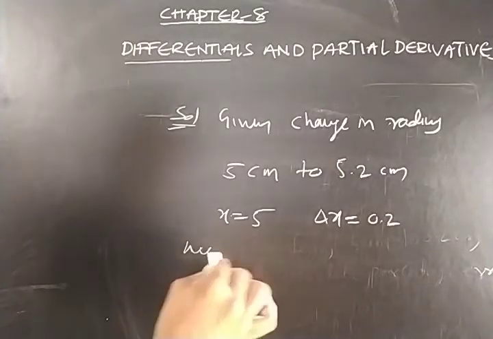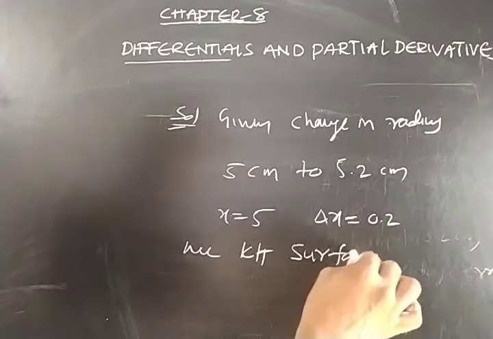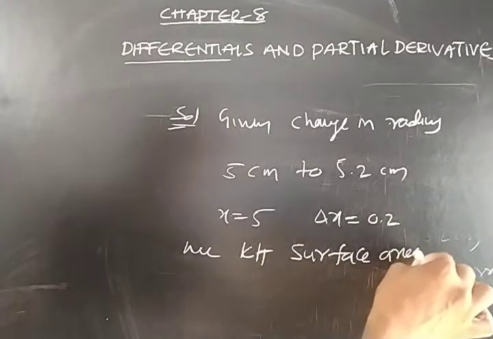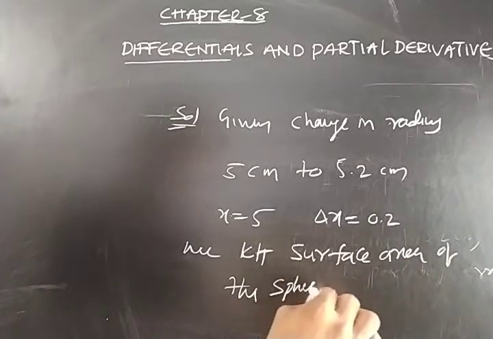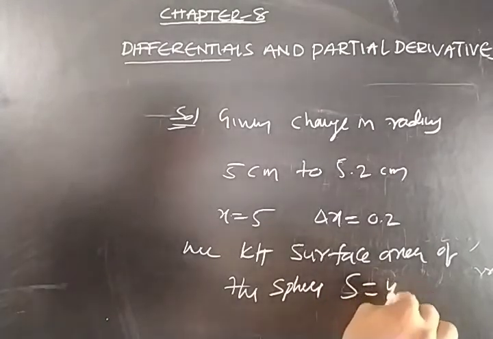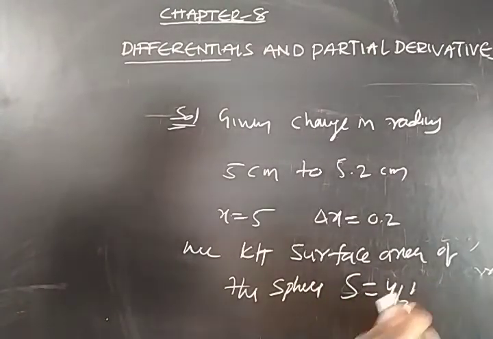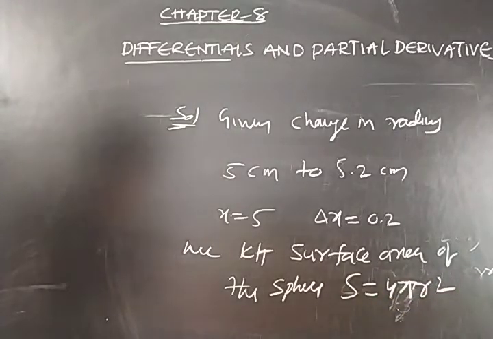Now we know the surface area of the sphere is S equal to 4 pi r square.